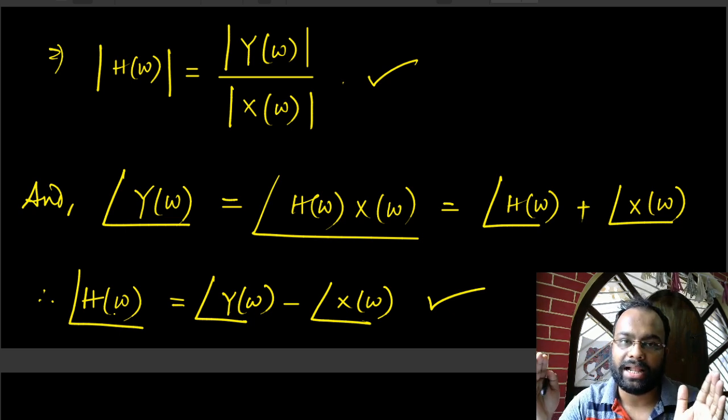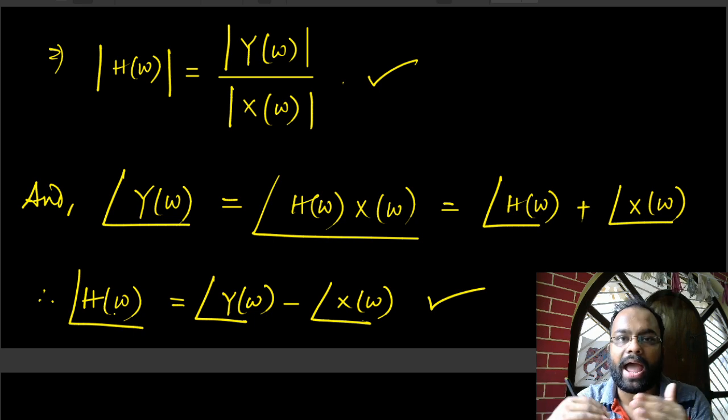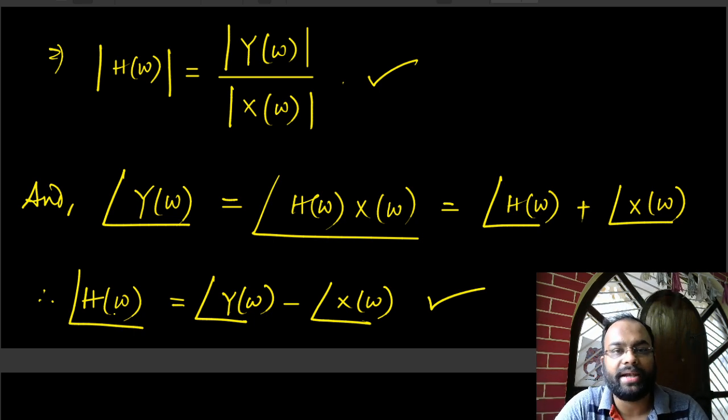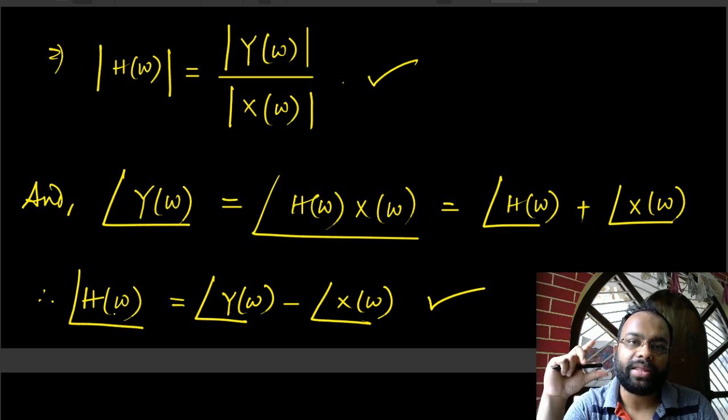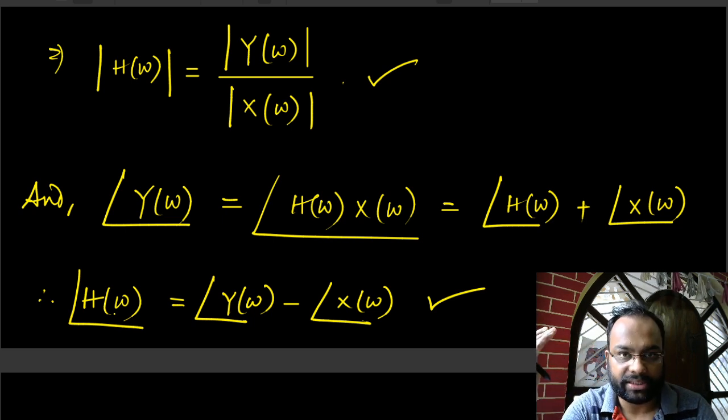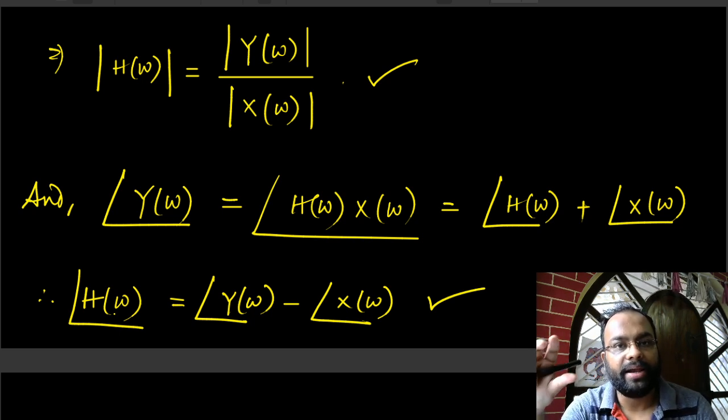The output is also representable as a composition of sinusoids of different frequencies, except that for different frequencies the sinusoids will have different amplitudes and phase angles based on these two functions.